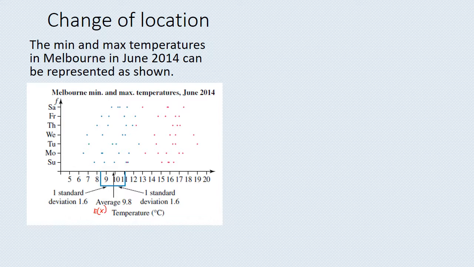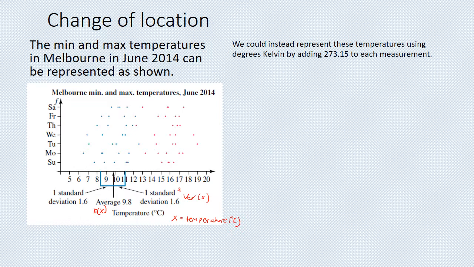Remember that if we square the standard deviation, we get the variance, which is another measure of spread, and we can represent that as the variance of x, where x in this case is the temperature in degrees Celsius.